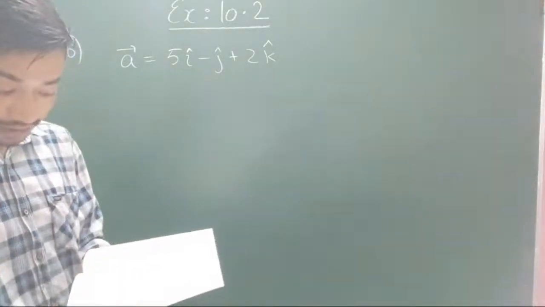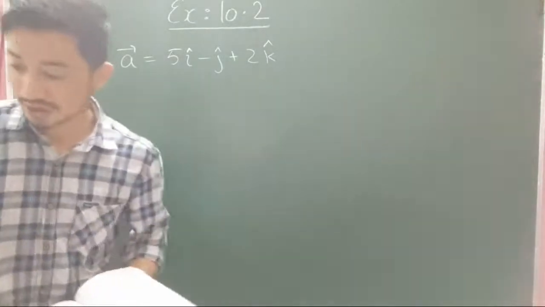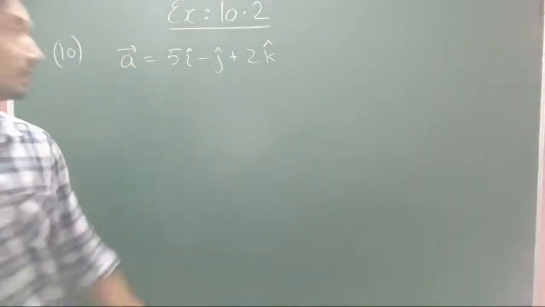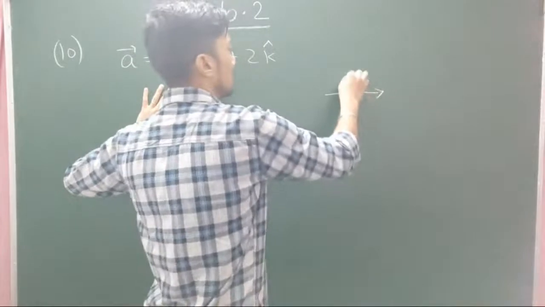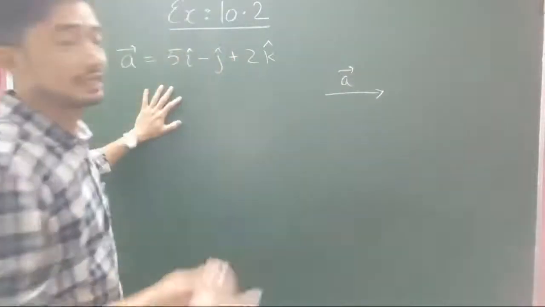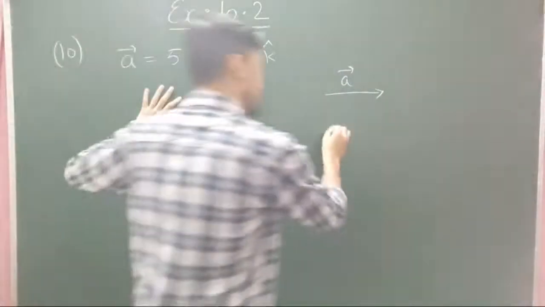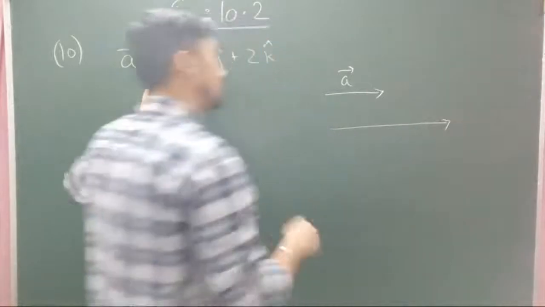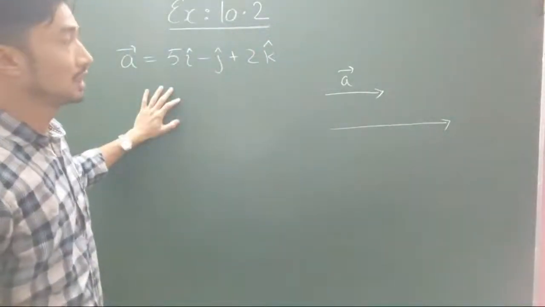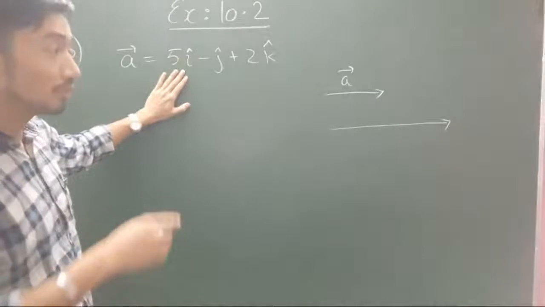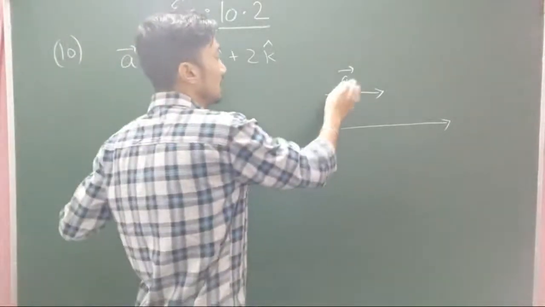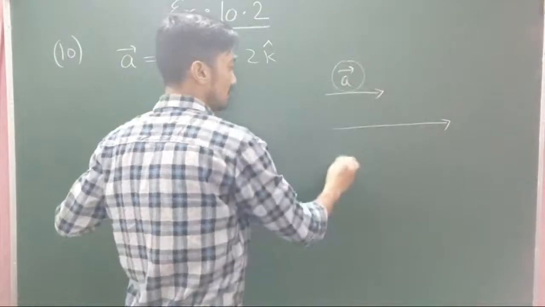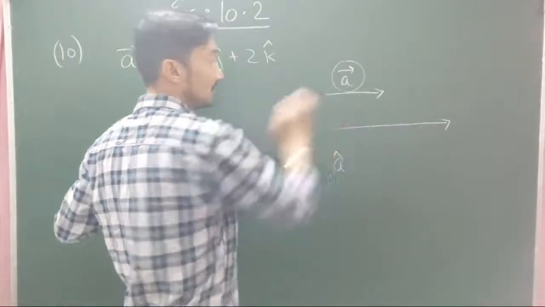So this is one vector, moving in this direction. We're supposed to find another vector in the same direction whose magnitude is 8 units, with the help of this. How do we find that new vector? It's very simple. We will find the unit vector of this given vector.